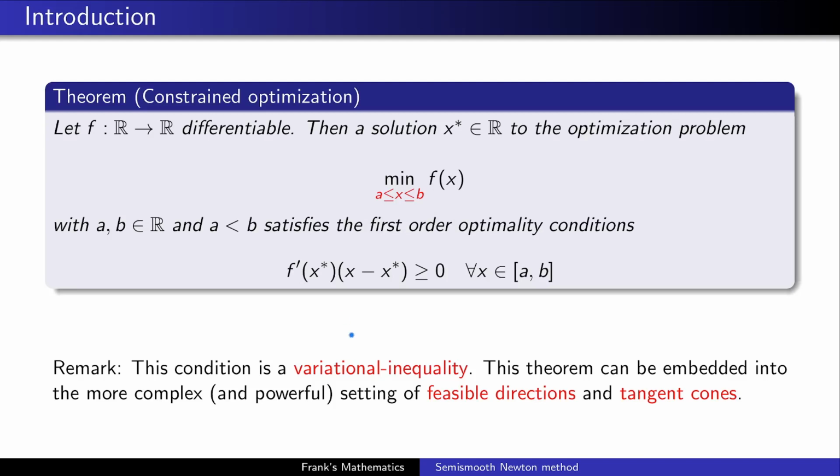So if you're interested in getting more insight into optimization, just Google feasible direction or tangent cones and you will end up with very useful results and a lot of books and papers. So this is a very, very interesting topic.